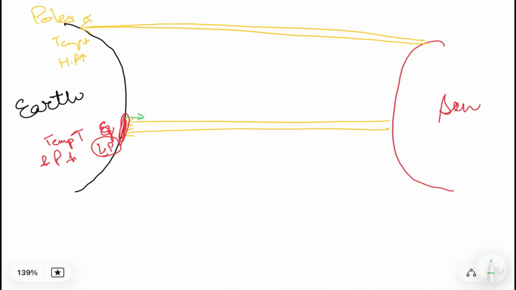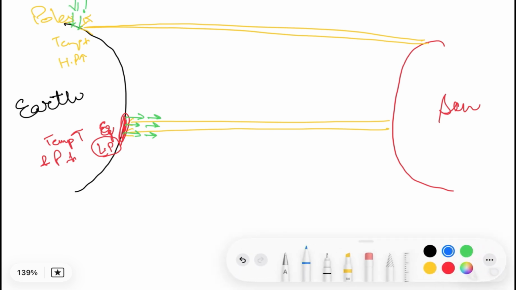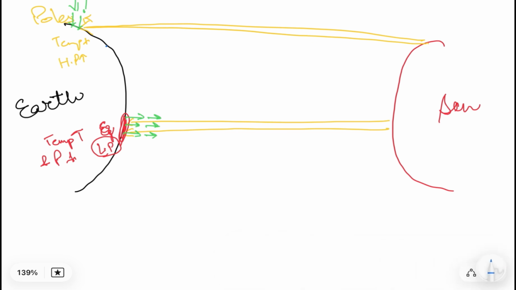So the air will start rising from here, and since there is high pressure there, the air will descend. As compared to the poles, the pressure is low and the temperature is high.